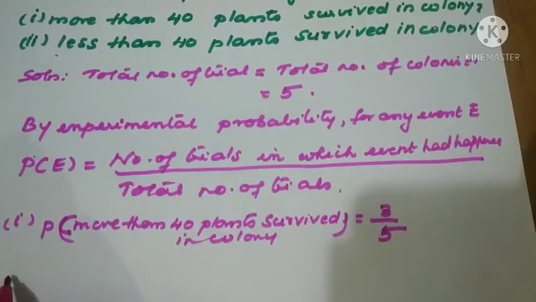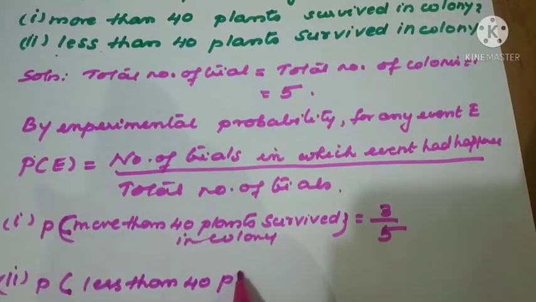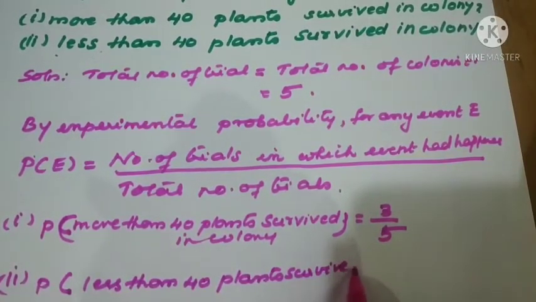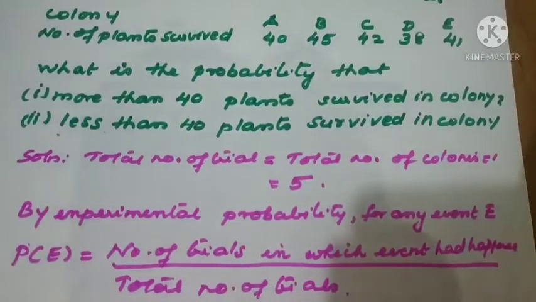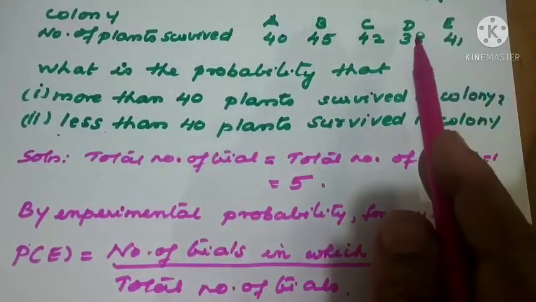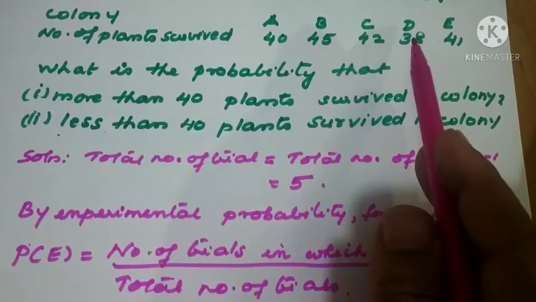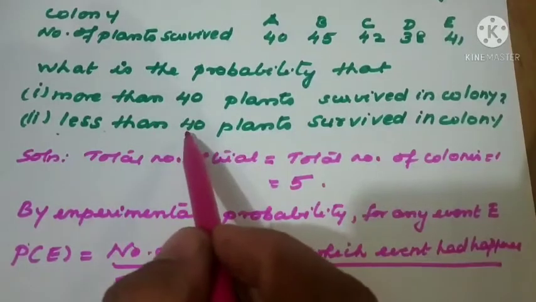What is the second question? P of getting less than 40 plants survived in the colony. Now let us see the table once again. Which are favoring there? Sorry, here I have written only less than 40 plants.